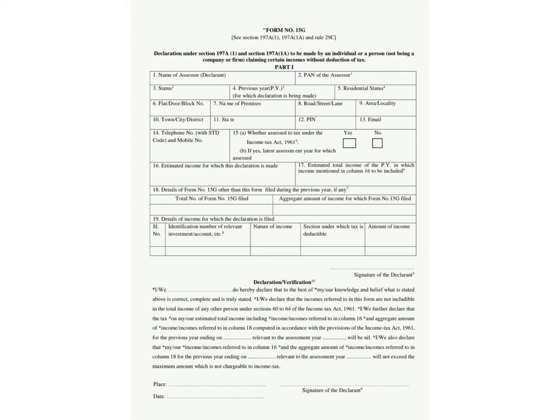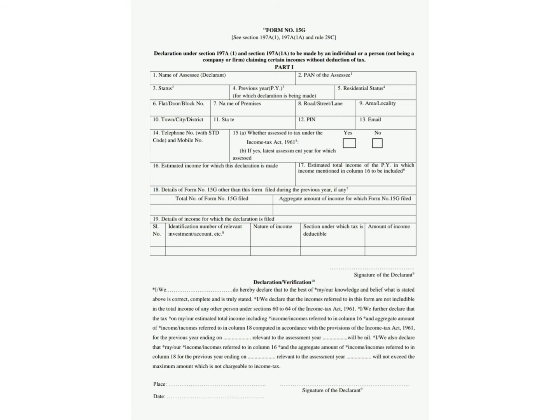Now come to the point number 19. Details of income for which the declaration is filed. So mention for which we are filing. We are filing for PF withdrawal. Okay. And serial number, mention serial number as one. Identification number of relevant investments or accounts.